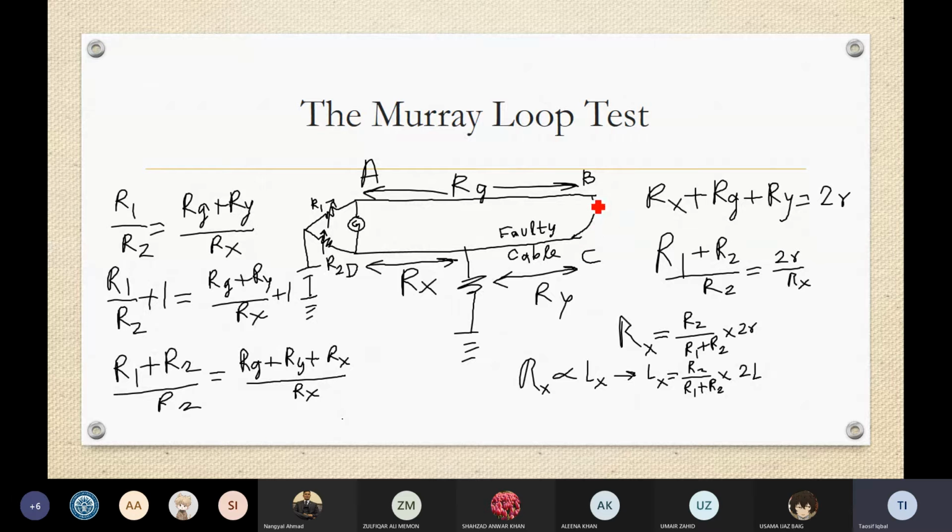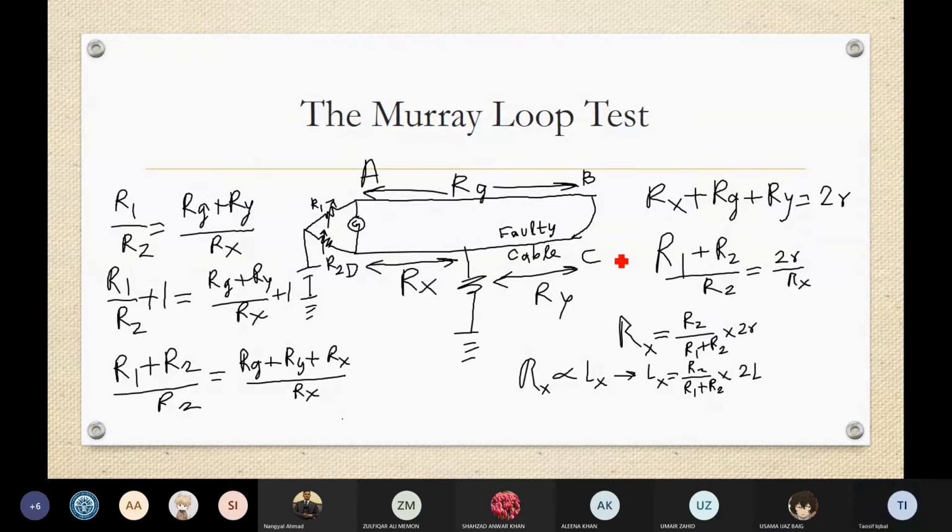Then we patch up the cable with the faulty cable, and then we basically have two portions in the faulty cable, Rx and Ry. So we combine all three resistances, Rg, Rx, Ry.